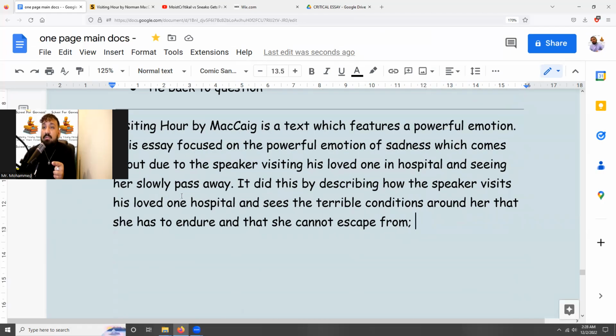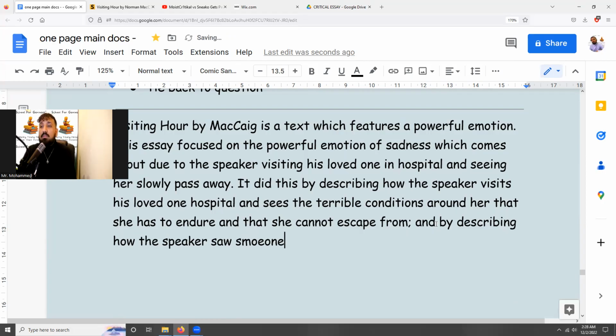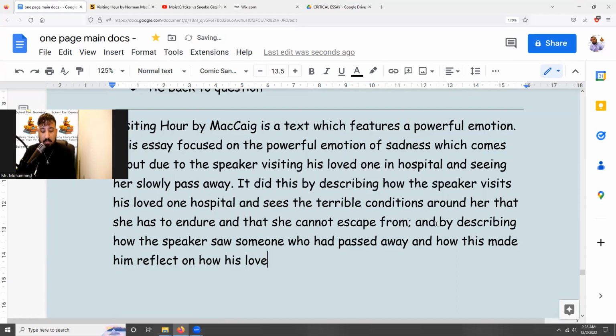So it did this by describing how the speaker saw someone who had passed away and how this made him reflect on how his loved one.